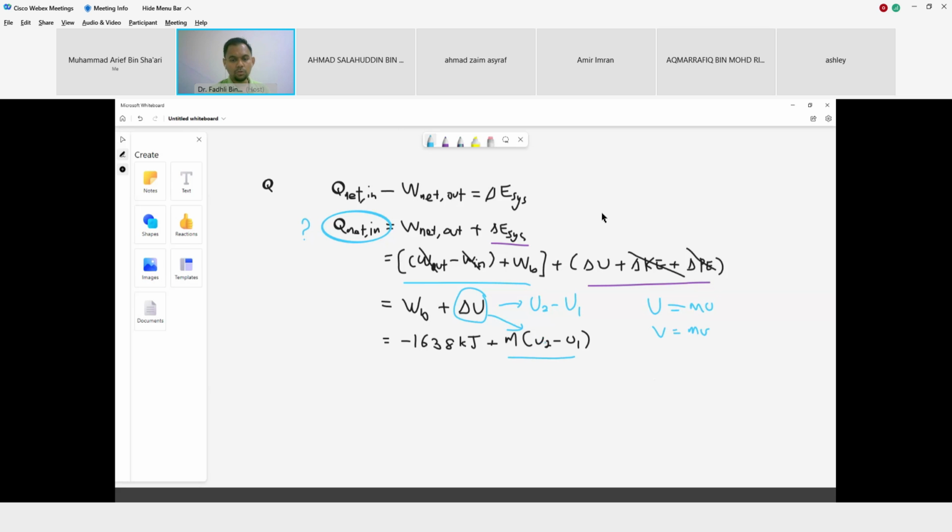Okay, so untuk U2 dan juga U1, tadi kan kita ada diagram, right? So T-v diagram.